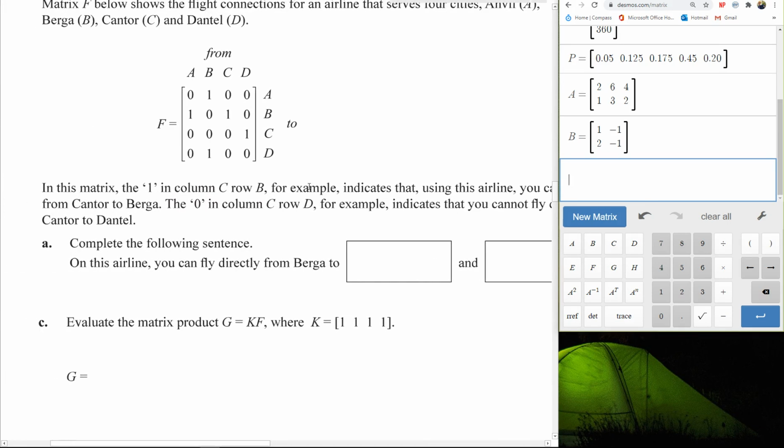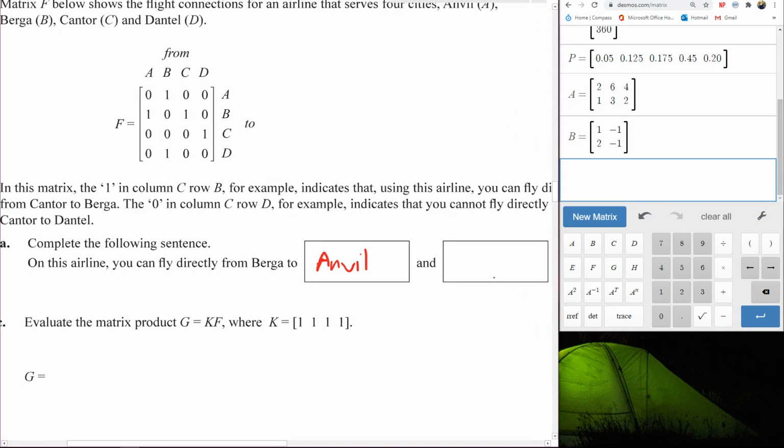So if we're going from Berger, you can see that you can go straight to A, which is Anvil, and you can also fly directly from B to D, which is Downtel. Easy.